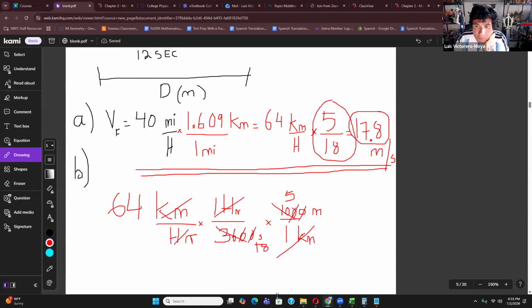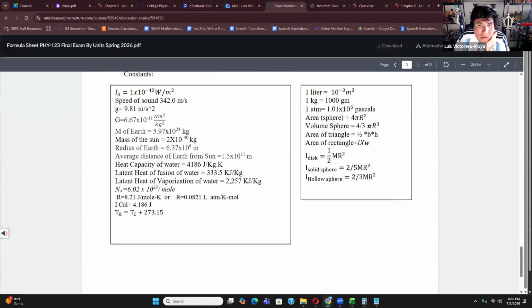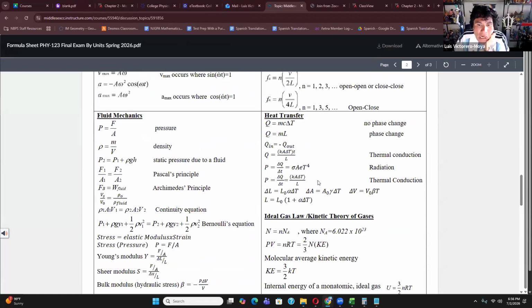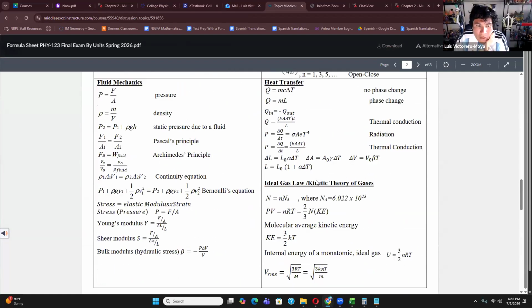Okay? Will we be given that one, like 1.609 kilometers is 1 mile, or will we have to memorize that? It's not here. Well, if that's not given, you can always ask me.